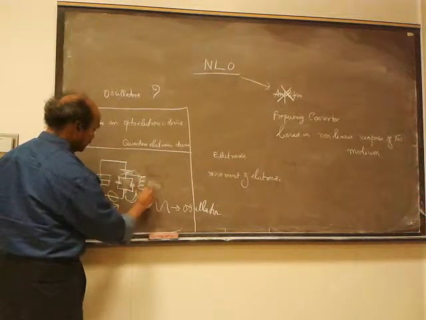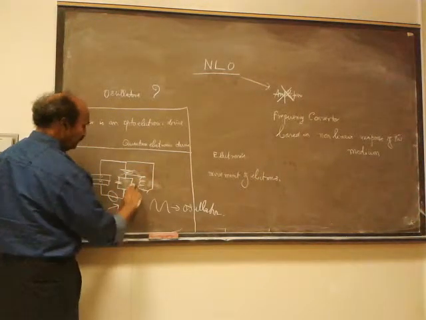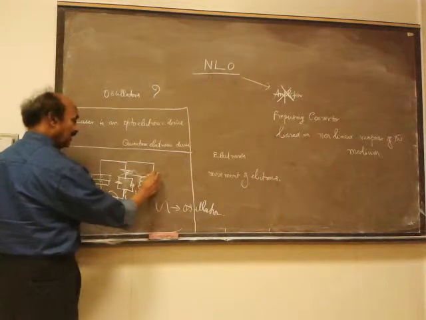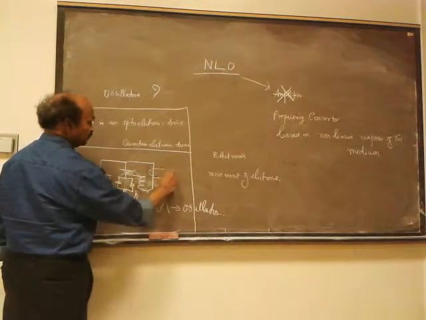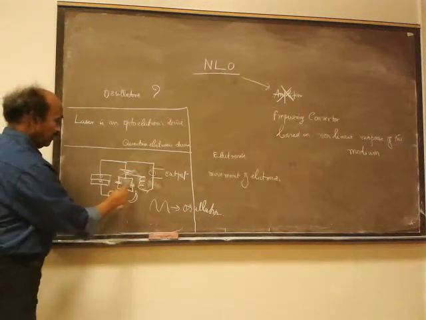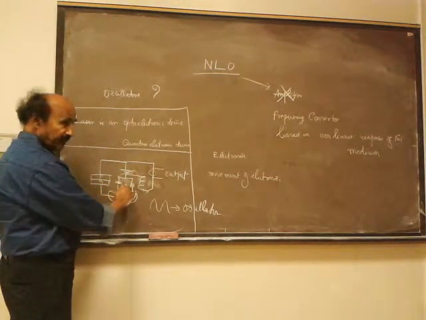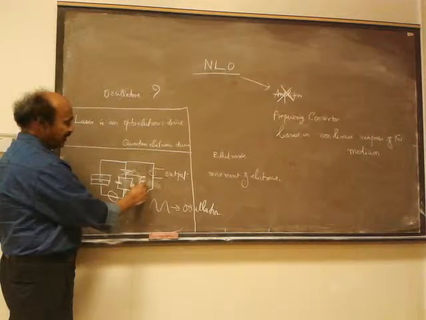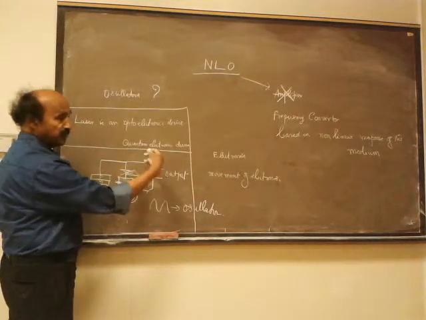From here you must have another circuit which will take the output out. This is output. This is called mutual inductance. You will have an alternating current. This is how you take the output.